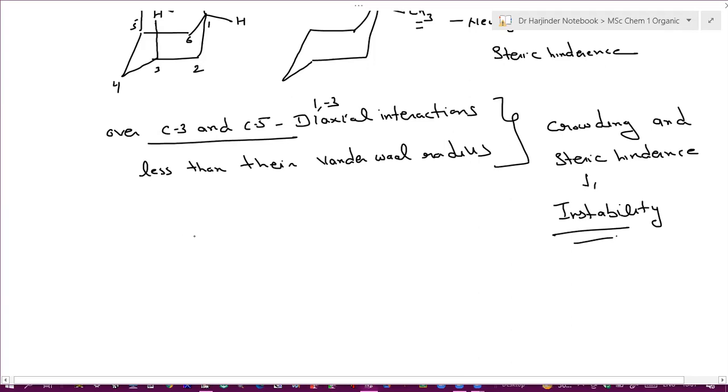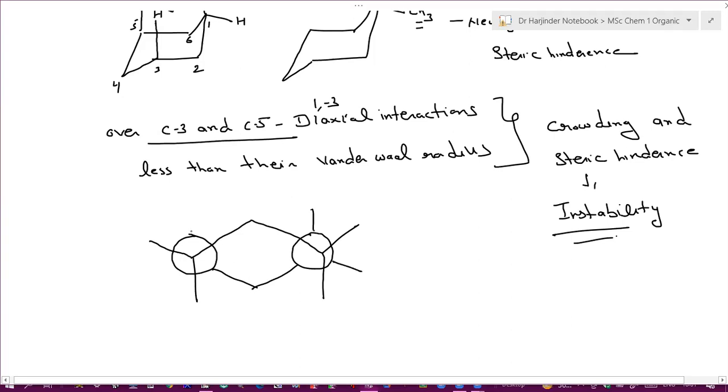Suppose I draw a Newman projection over here, of two carbons of this cyclohexane. Okay, so this is the Newman projection. Now, which hydrogen is axial?